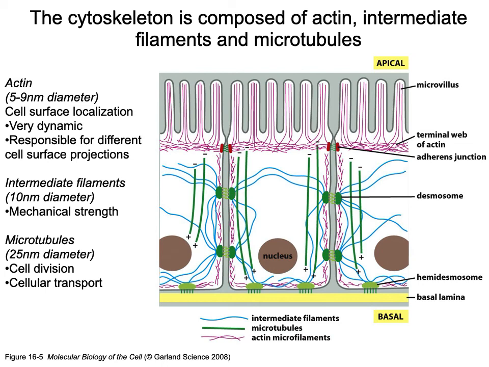Okay. For the microtubules, these are shown in green. These are about 25 nanometers in diameter. They are really important for cell division and cellular transport. For cell division, one cell divides into two cells, so we need to make sure that organelles are separated properly and that you can get that pinching in of the plasma membrane.